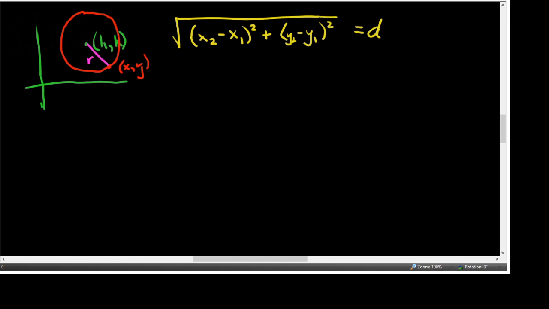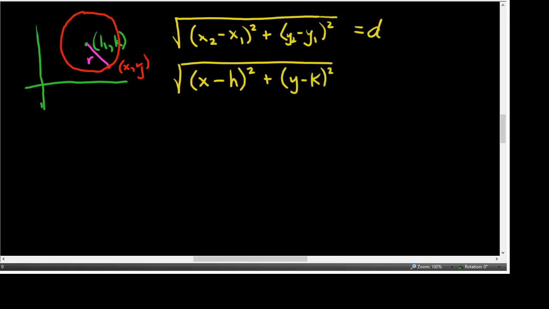For this particular problem, since we're defining the circle to be the set of points whose distance from the center is always the same, we can take our generic point for any point on the circle, call that the second point, so that's x, minus h, the x-coordinate from the other point we're measuring between, squared, plus the difference of the y's, that's going to be y minus k squared.